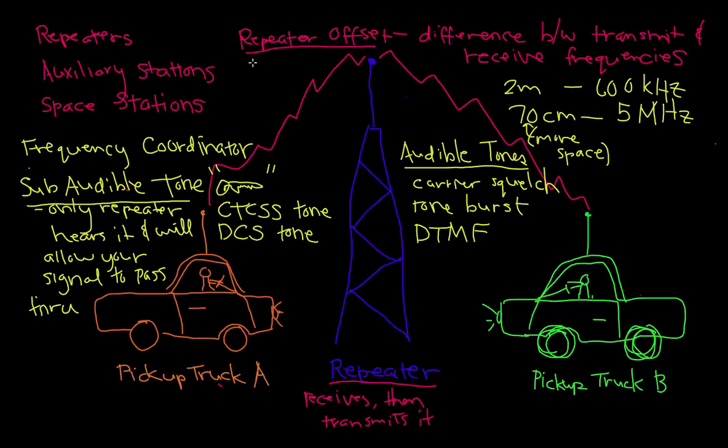But how can you possibly figure all this out when you're trying to connect to a repeater? How do you know where the receive frequency is, where the transmit frequency is, what the offset is, what kind of subaudible tones it needs? Well, don't worry. It's actually not that hard. The best way to find this information is to consult a repeater guide, which is almost like a phone book, I suppose. It helps you find repeaters, and it tells you how to connect to repeaters, what kind of tones you need, where you should be transmitting.